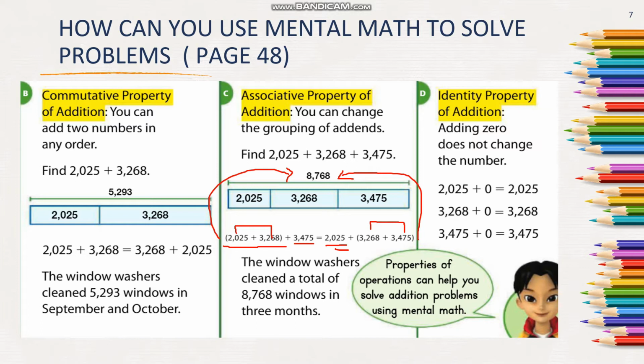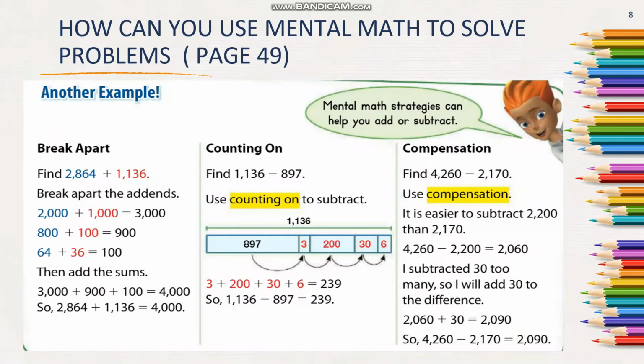For example, 2,025 plus 0, the answer is 2,025. 3,268 plus 0 is equivalent to 3,268. And 3,475 plus 0 is 3,475.